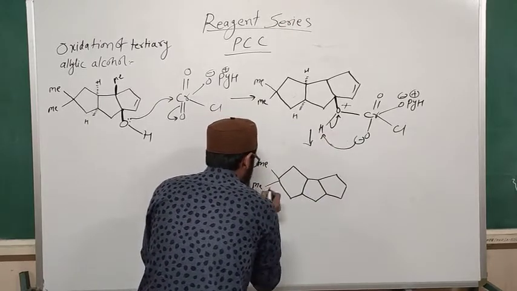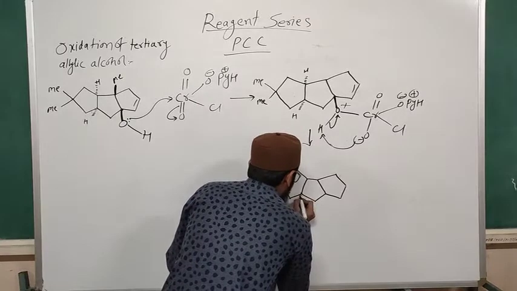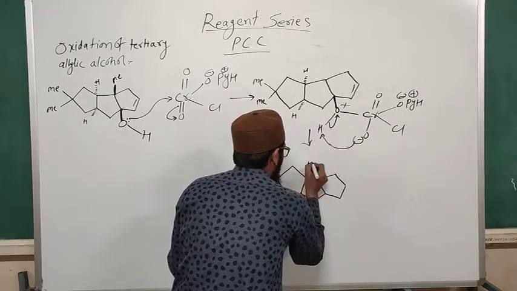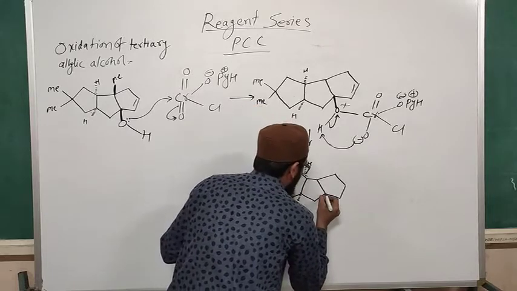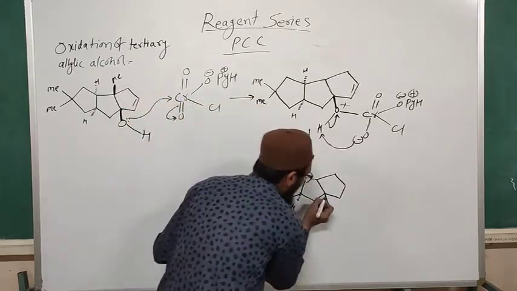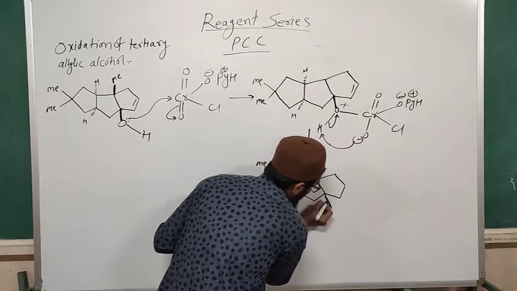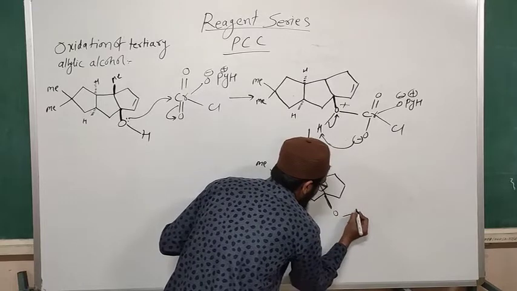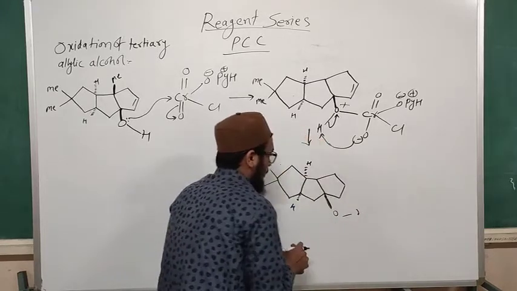Now I have hydrogen here, then what do I have? This wedge shaped line oxygen which is attached to chromium.